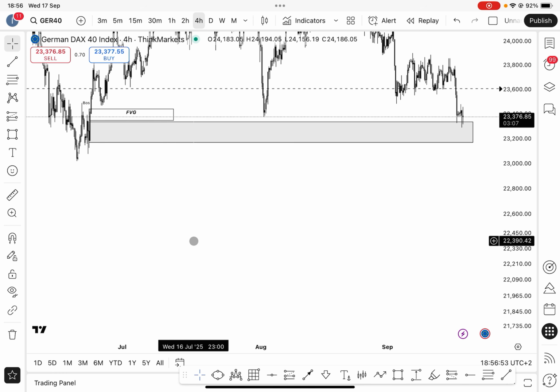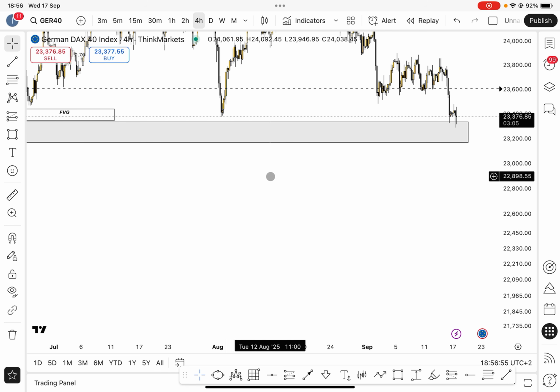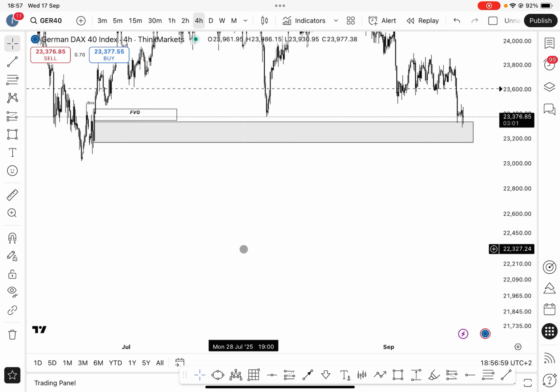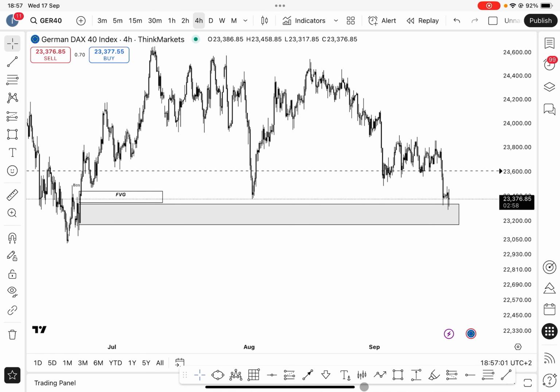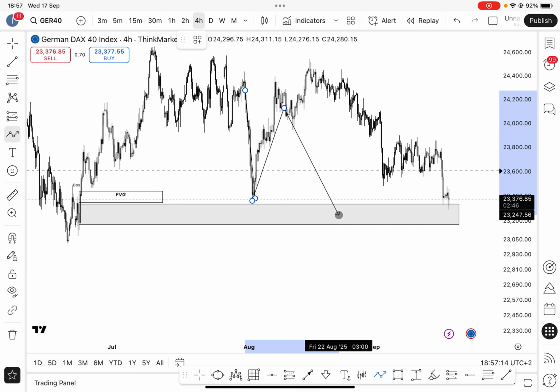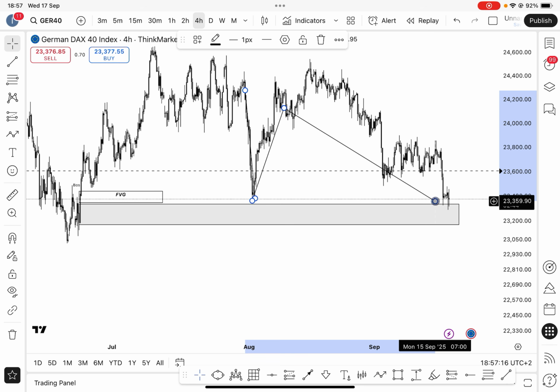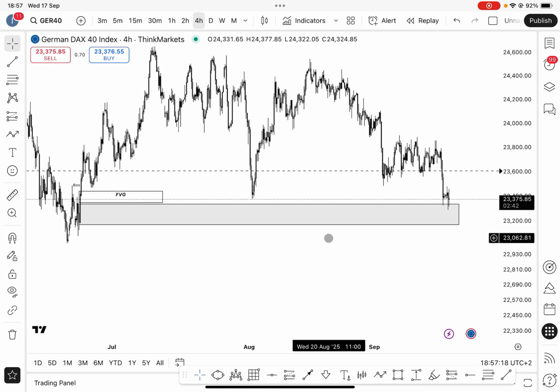This is the only first touch from the 4 hour time frame we've gotten from this. When price came here, price only tapped on the FVG, pushed to the upside, but didn't touch the order block, to show you that it's very fresh.